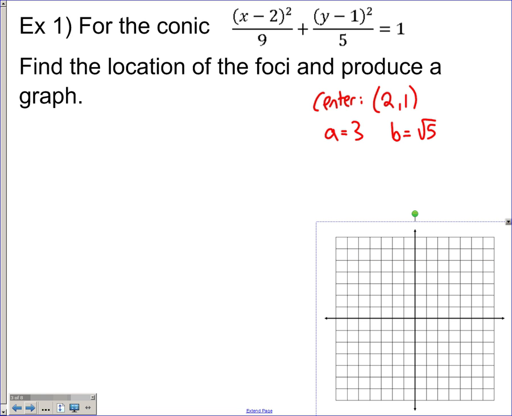And I'm getting those by taking the square root of the 2 denominator terms under x and y. Now, the missing information is c, so I'm going to use my formula, a squared minus b squared. That's what c squared is equal to. And I'm going to get 9 minus 5, which is equal to 4. So c squared is 4. That means that c is 2. So the distance to the foci from the center is 2.